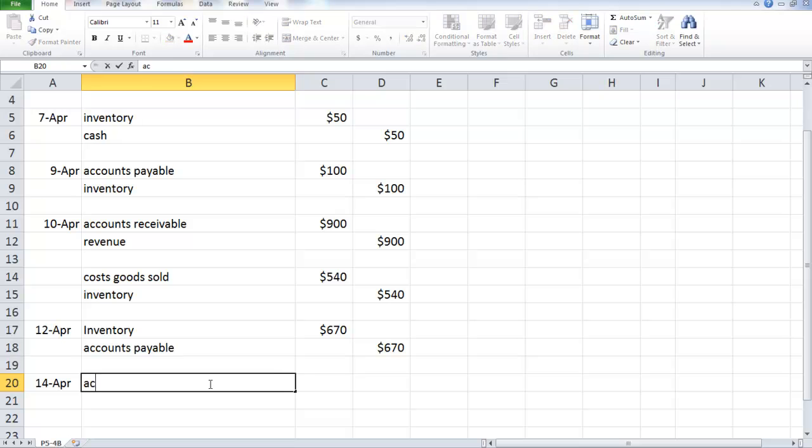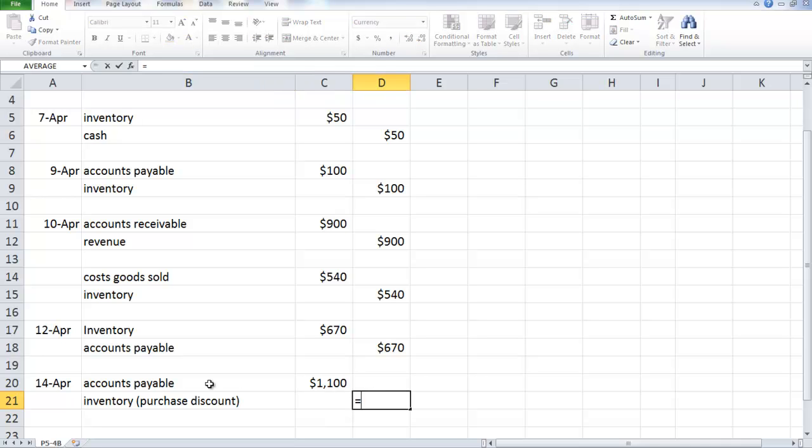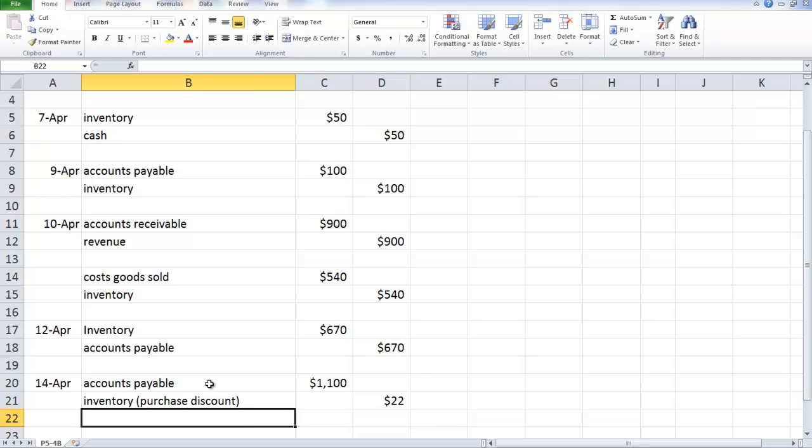So our accounts payable balance is $1,100 that we need to debit, and then the discount is credited for $1,100 times the discount, and they pay within the discount period, so it's 2%, so it's $22. And we credit cash for the difference.